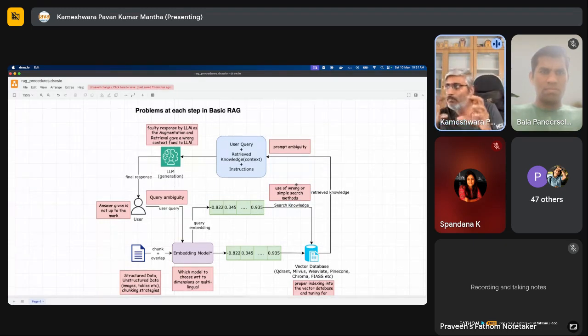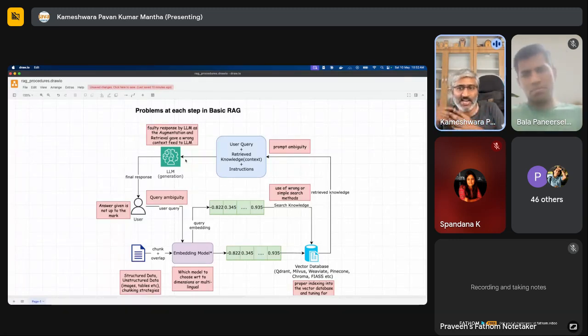And then from ambiguity, you have created instructions, but your augmentation phase is not so clear. Then it has a ripple effect on your generation. A faulty response by the LLM, as the augmentation and the retrieval gave a wrong context to feed into the LLM. So the LLM will start inferring something else, and finally give you an answer which is of no use, and the answer is not up to the mark.